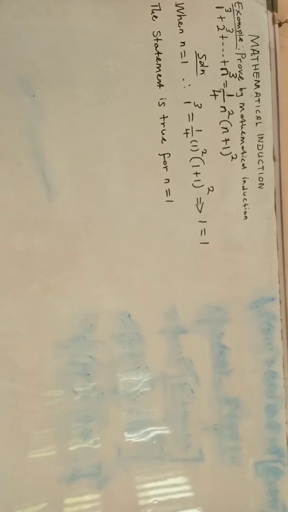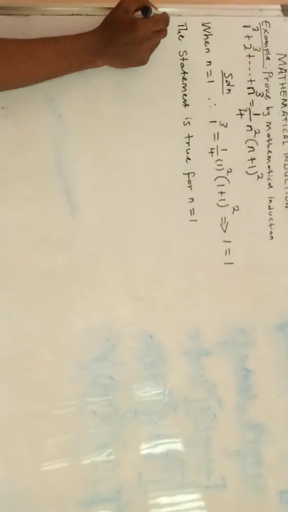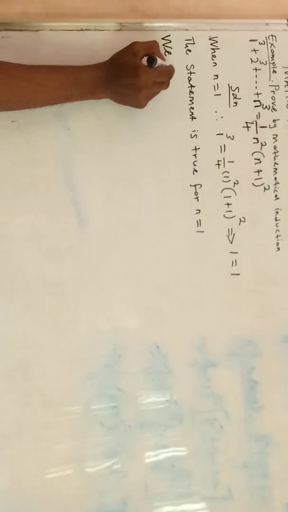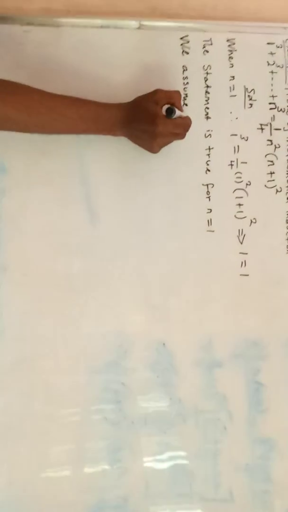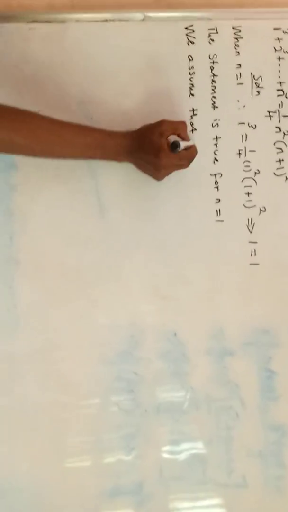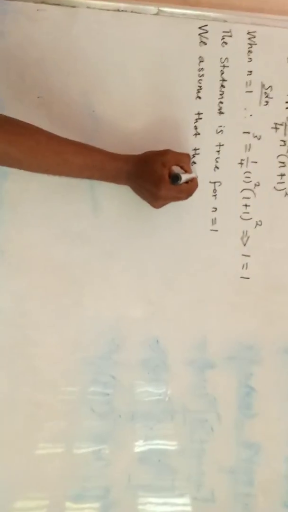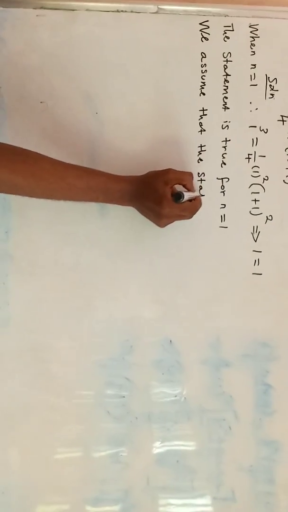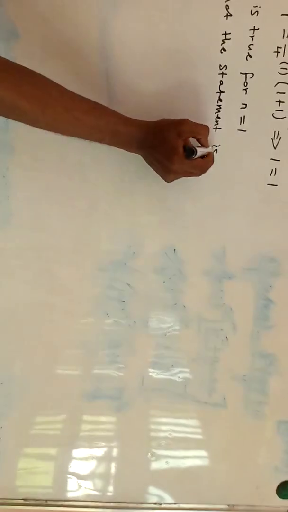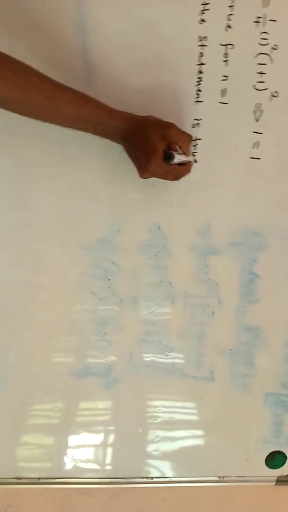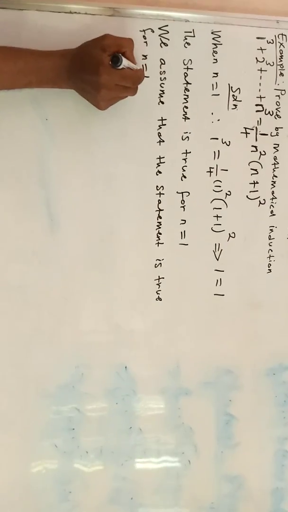We now move to the next step, which is induction. We assume that the statement is true for n is equal to k.